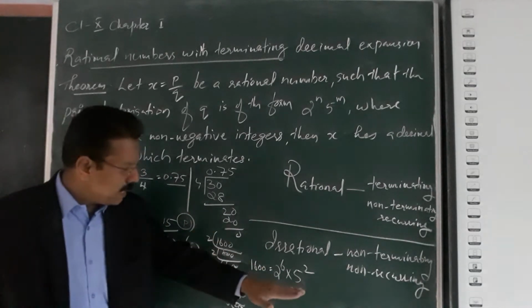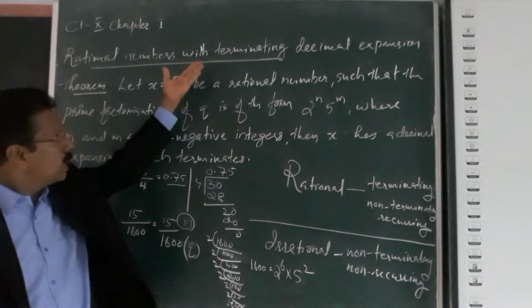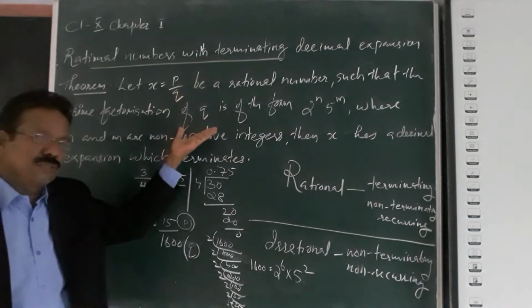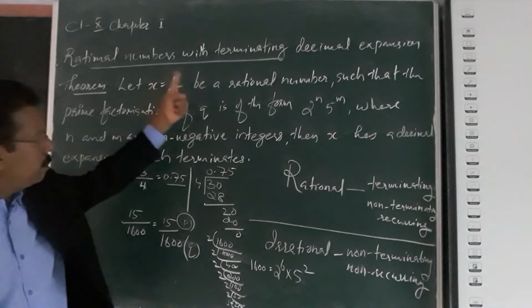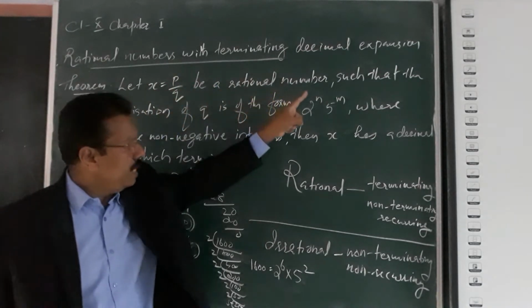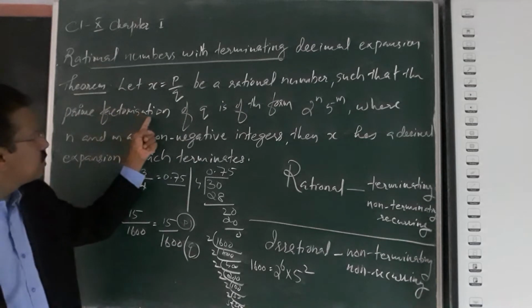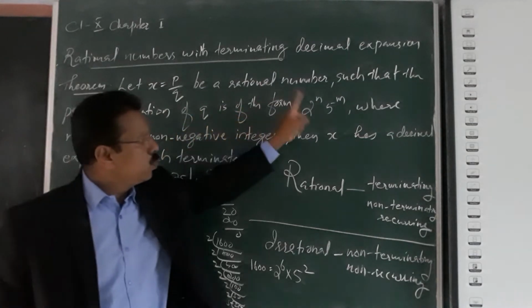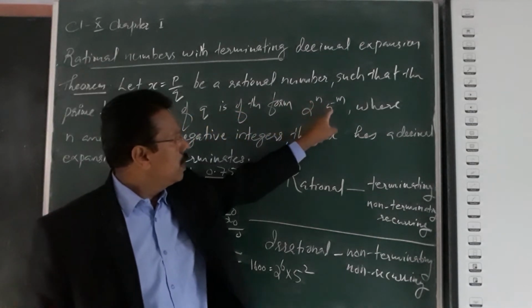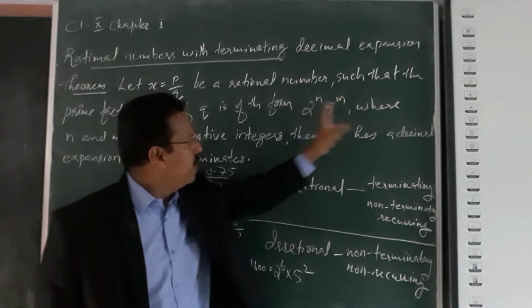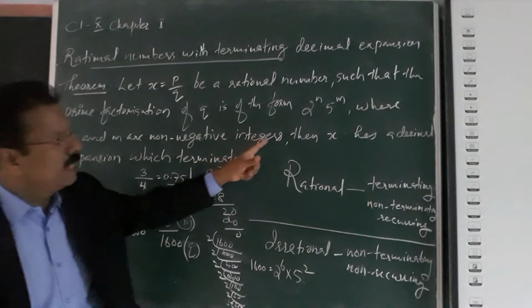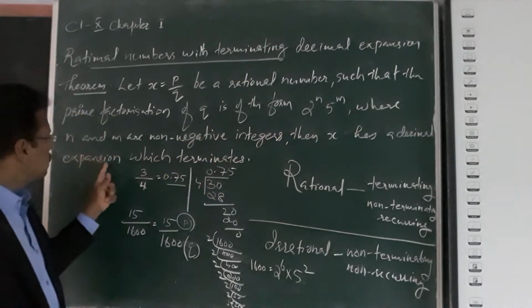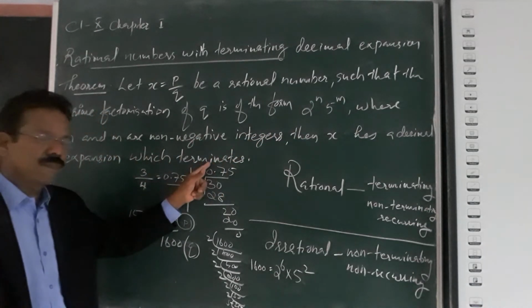To explain that fact, we have one theorem, only the statement. Let x equal p by q be a rational number such that the prime factorization of q is of the form 2 raised to n into 5 raised to m, where n and m are non-negative integers. Then x has a decimal expansion which terminates.